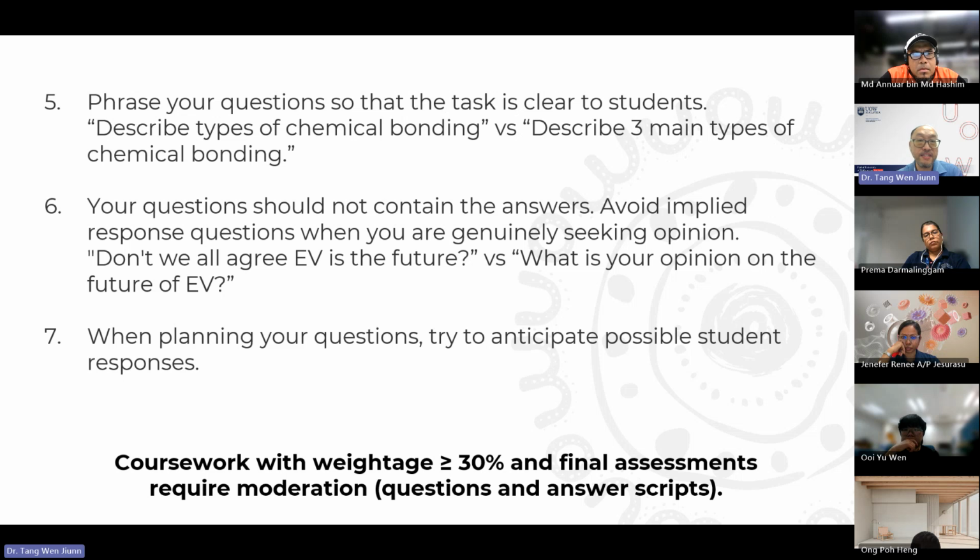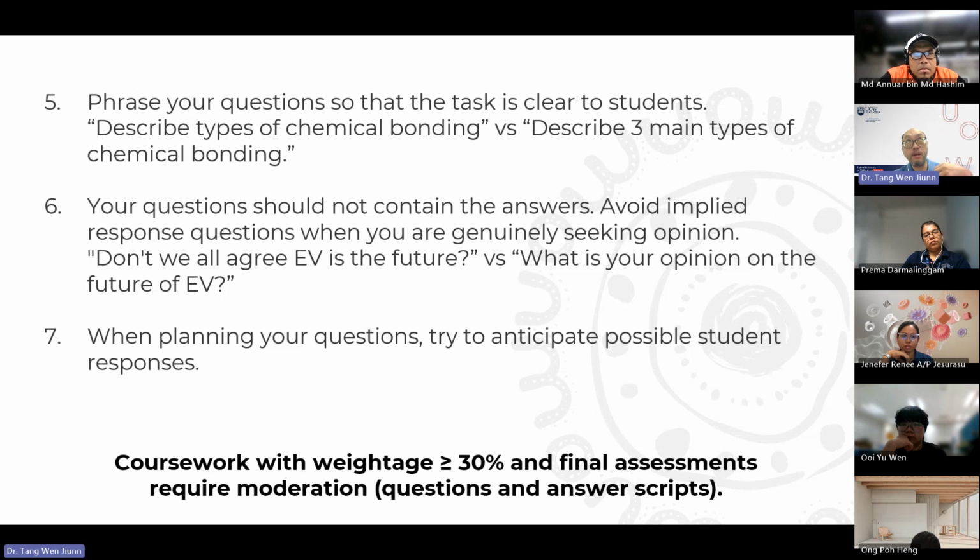So you can see the difference there. Normally for us lecturers, when we set the questions, because we know our content very well, we tend to miss out the details. So it says describe types of chemical bonding.